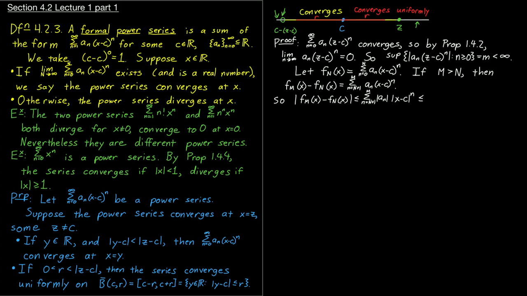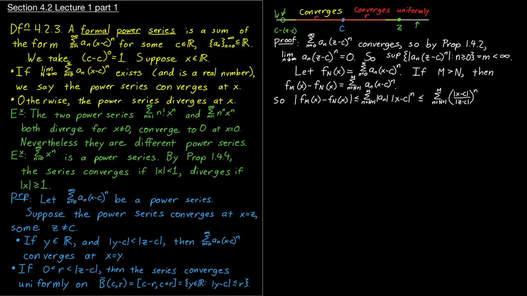So we can write this as the sum from n equals big N plus 1 to big M, and then we've got x minus c over z minus c, whole thing to the n.